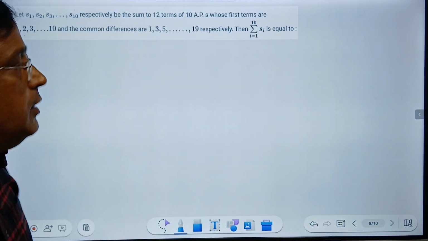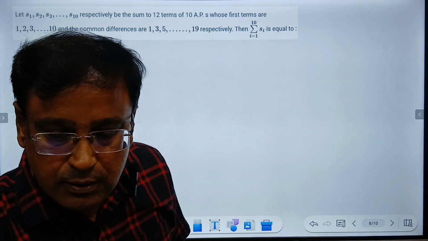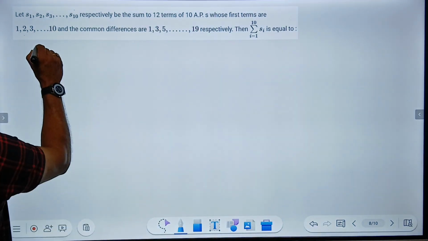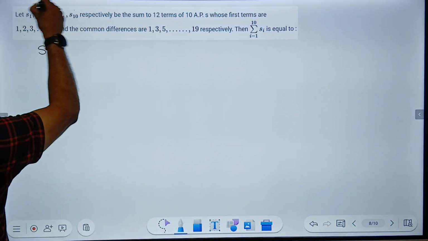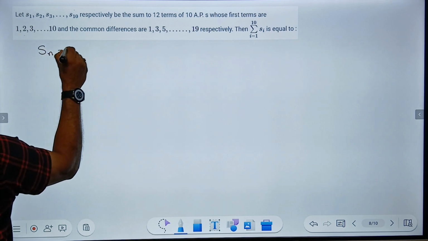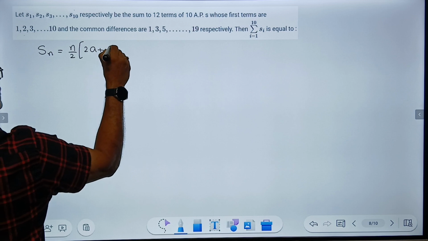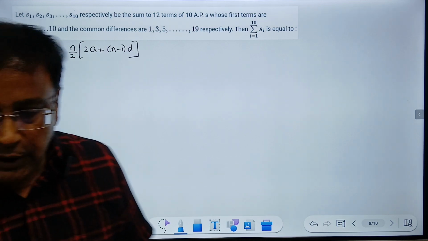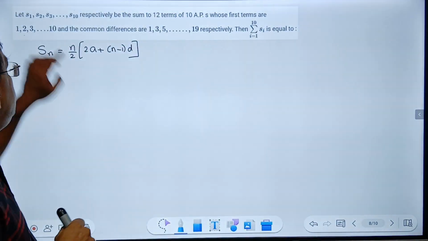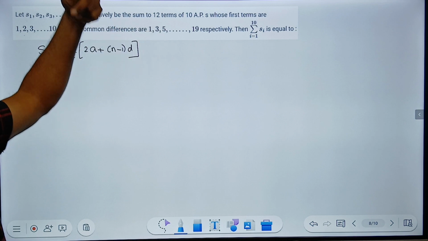Very, very simple. Now, what is the sum of n terms of an AP? I'm trying to find a general formula for this. Sum of n terms of an AP is n by 2 into 2a plus n minus 1 into d. Correct? But each one is the sum of 12 terms.